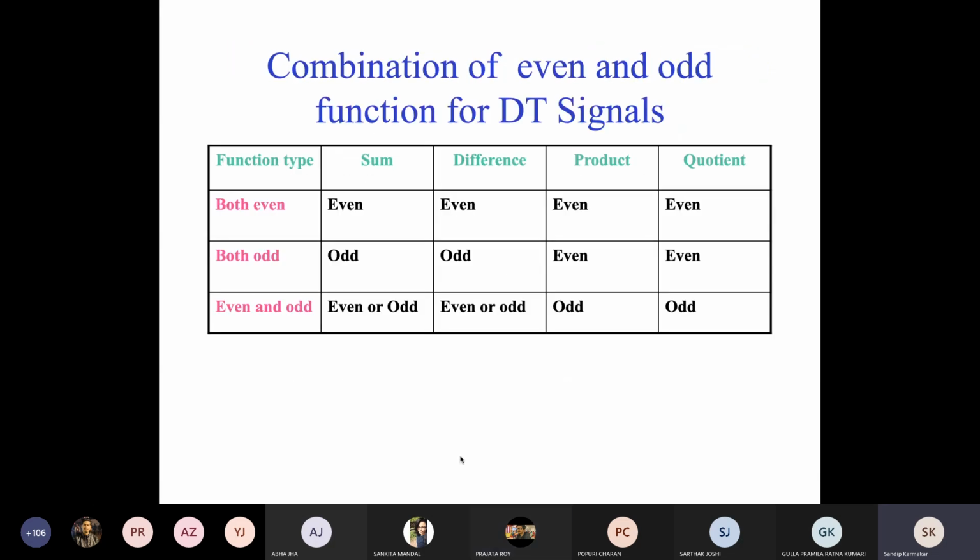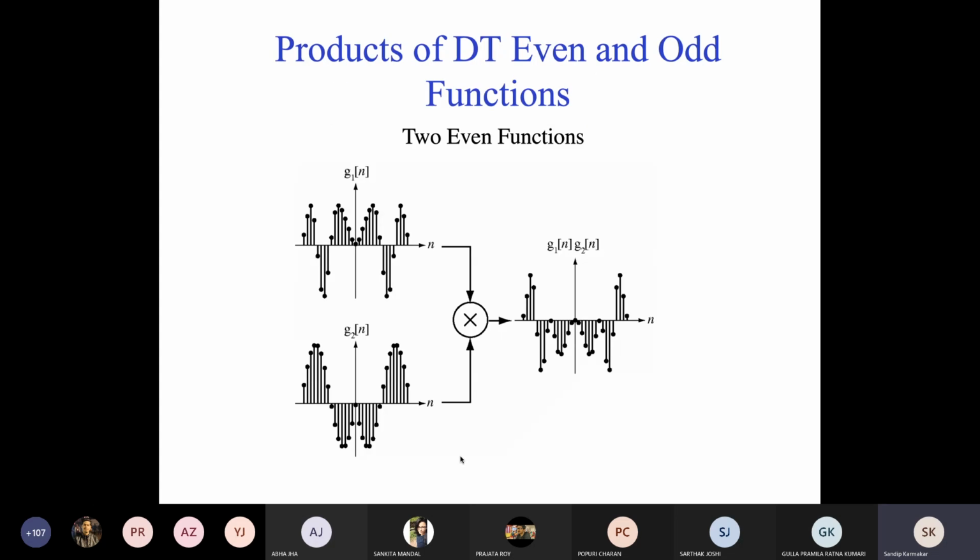Now, similarly, you can see the combination of sum, difference, product, and quotient is similar to the continuous signals. Now, this is the product of two even functions. g1[n] and g2[n], both are even.